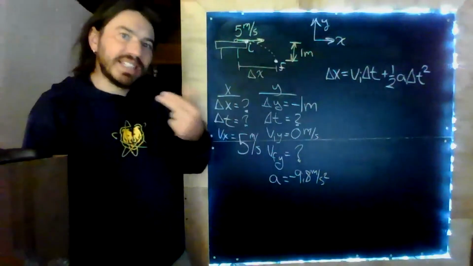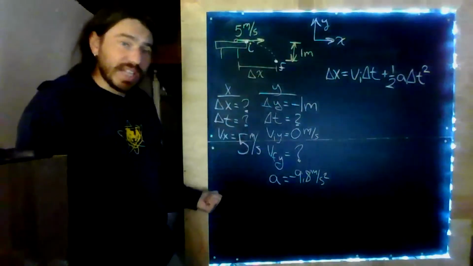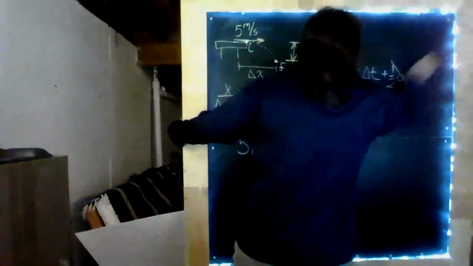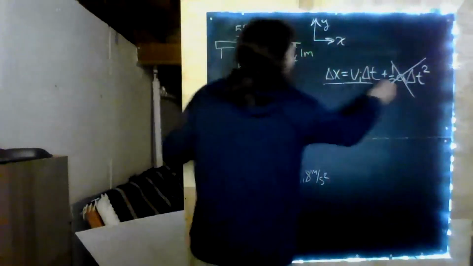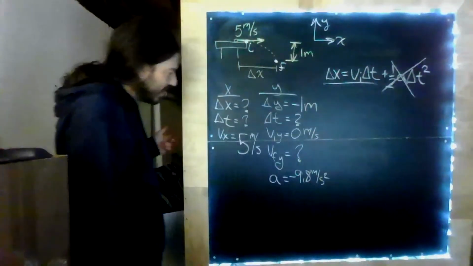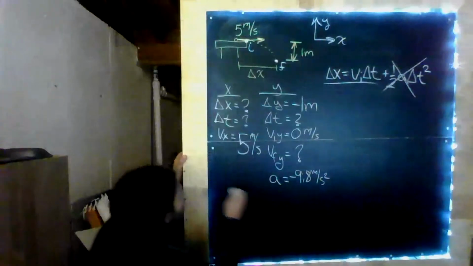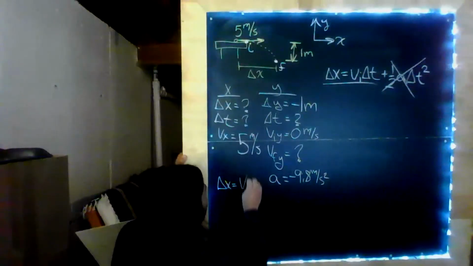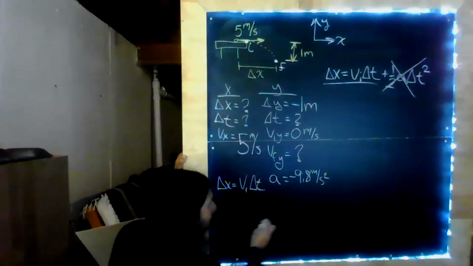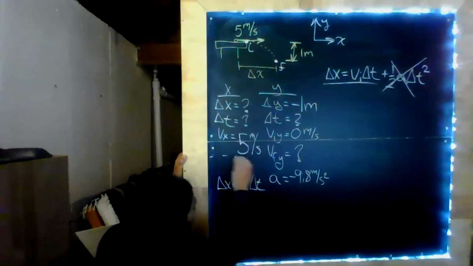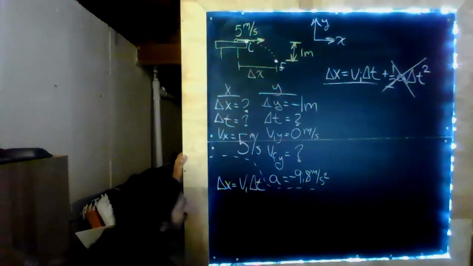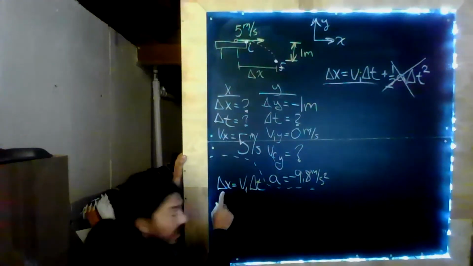And notice then, if the acceleration is 0 in the x direction as it is, then this whole term goes away, right? And so we end up with this fairly straightforward version: delta x equals v initial times delta t. Well, if you look at this, we're asking for delta x.